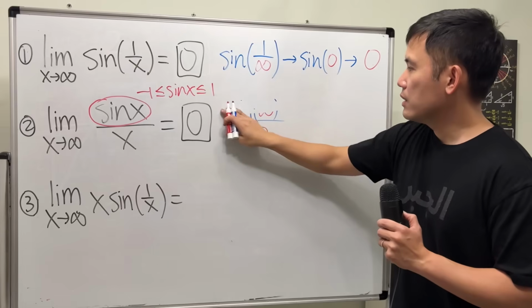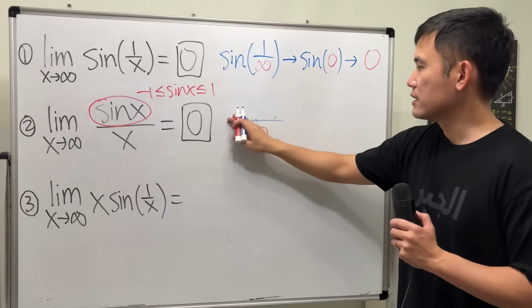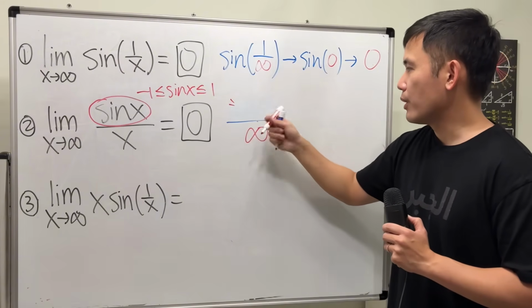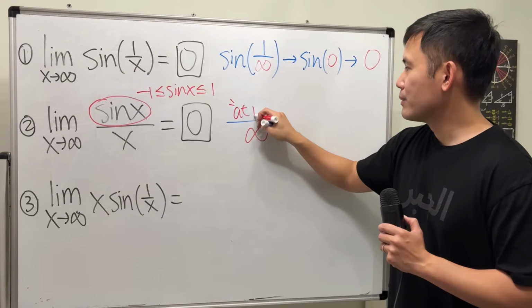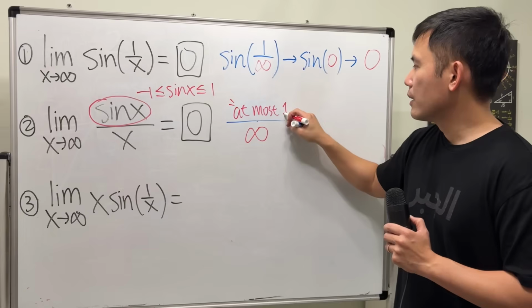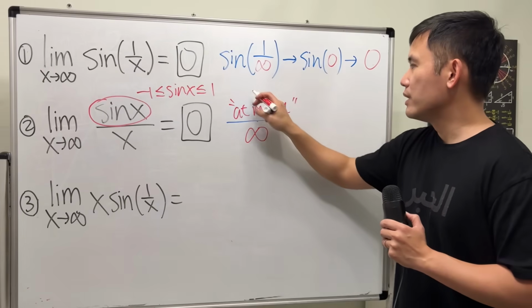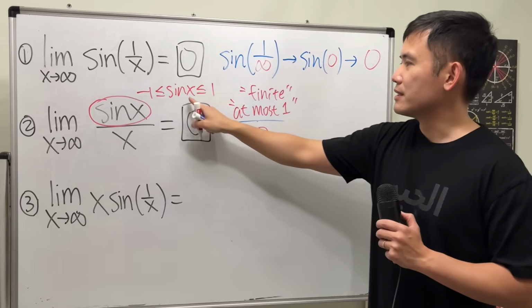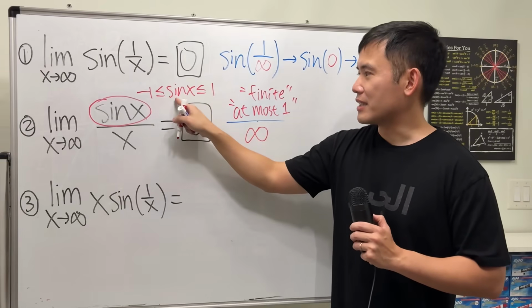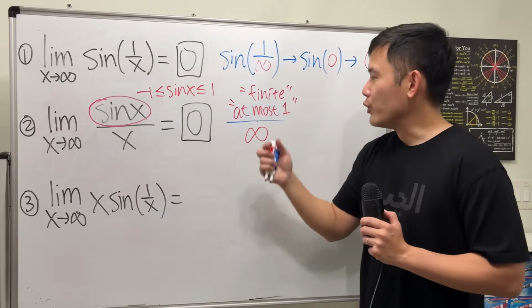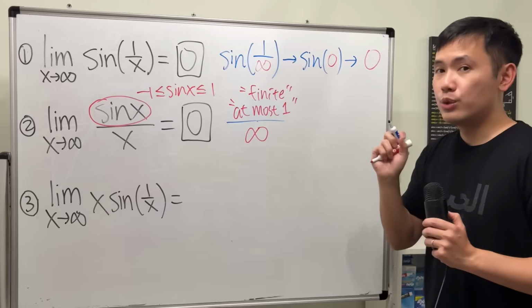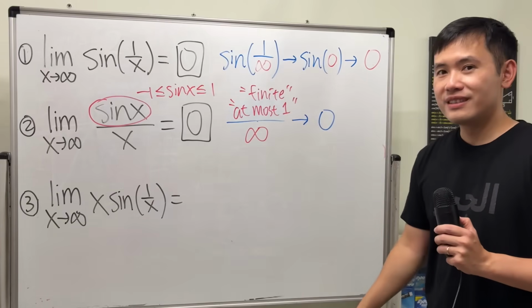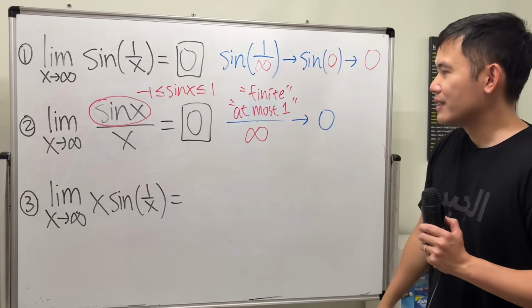Well, the key right here is that I'm not going to put down sine of infinity on the top, but instead I'm just going to tell you at most 1 on the top. Or more importantly, you can also say finite, because the key right here is that the top is always finite. When you have a finite number over infinity, we get to draw a conclusion. That is, this approaches 0. Yeah, so this is how you can reason it out.